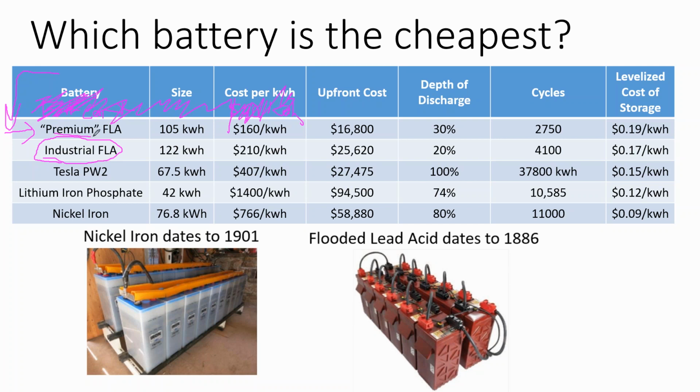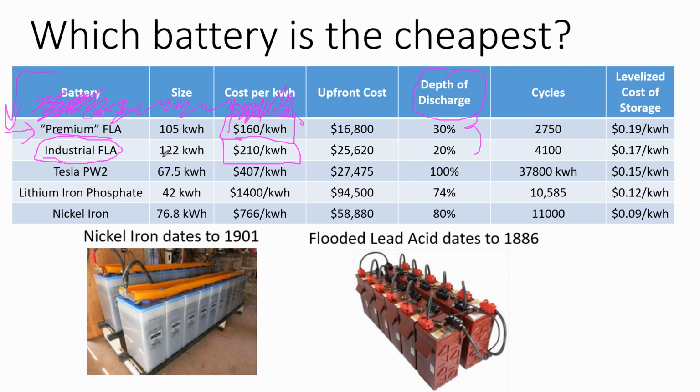So we looked at this premium FLA, and there's actually quite a difference in cost within flooded lead acid itself. And so, we look at this depth of discharge. We're going to get into reading cycle charts and stuff just in a minute.